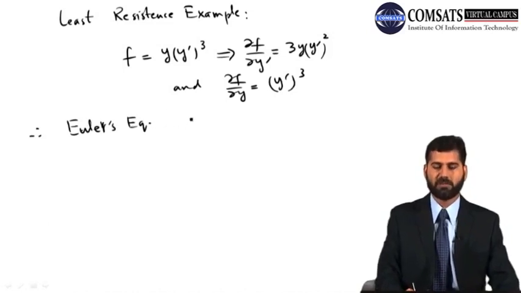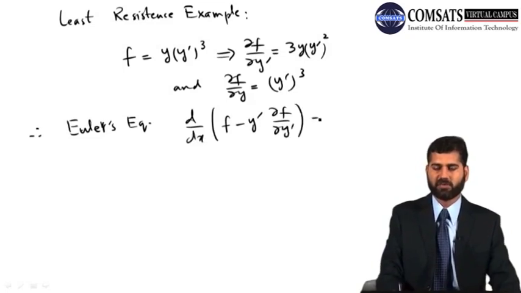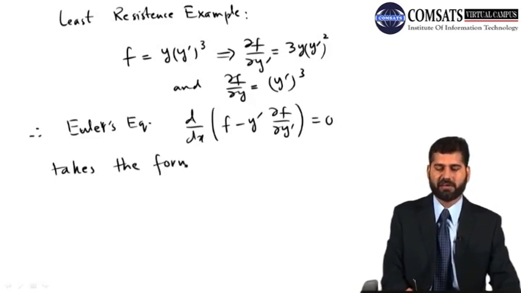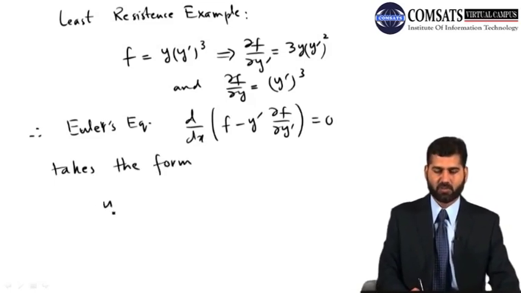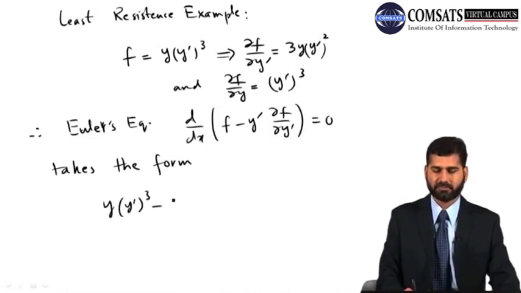the first equivalent form will be easier here: d by dx of f minus y prime times partial f by partial y prime is equal to 0. Let's use this one. With the above values, f is y y prime cube minus y prime as it is, times 3y y prime square.